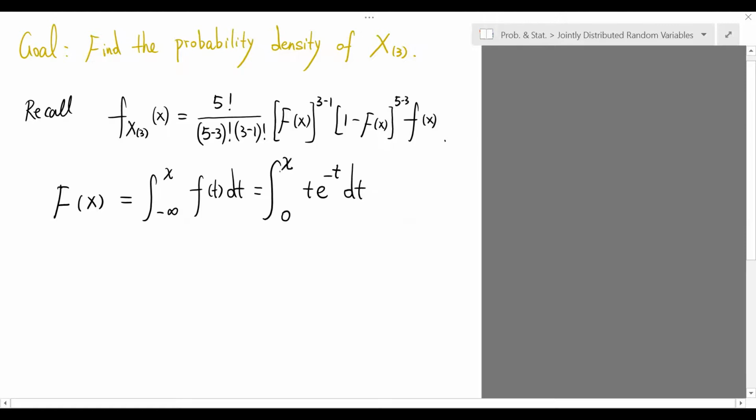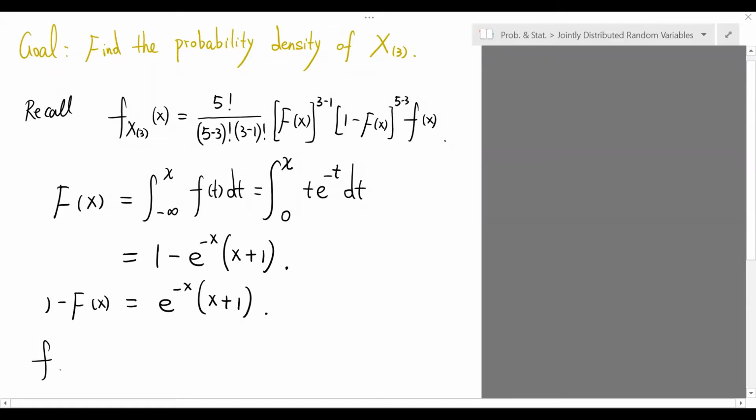So our integral is converted to this format through calculation, such as integration by parts. We conclude that the outcome is equal to 1 minus e^(-x)(x + 1). Consequently, 1 minus F(x) is equal to e^(-x)(x + 1).